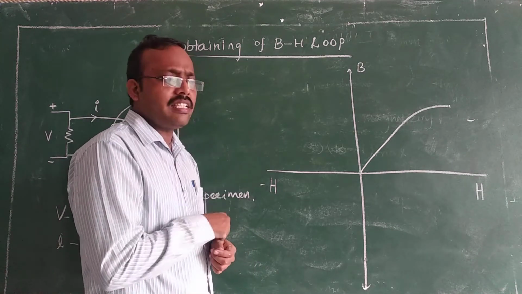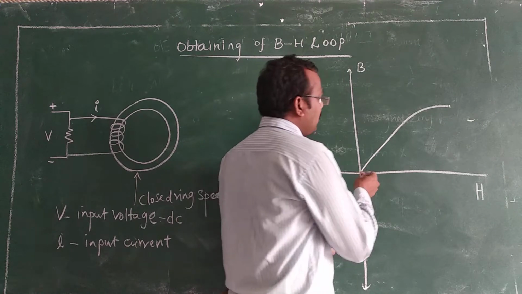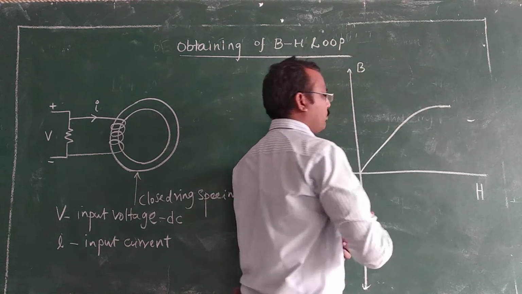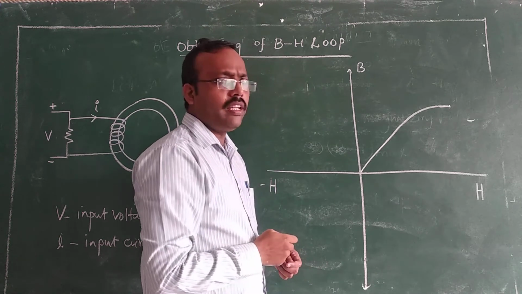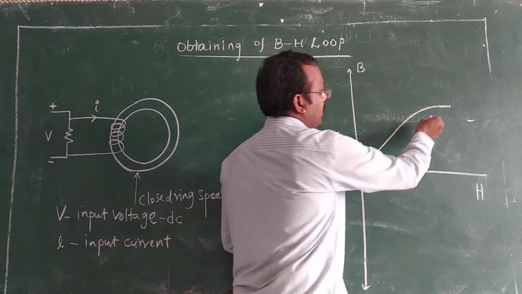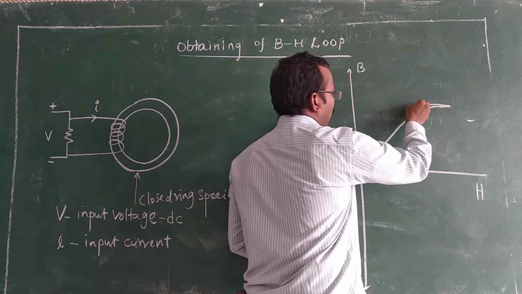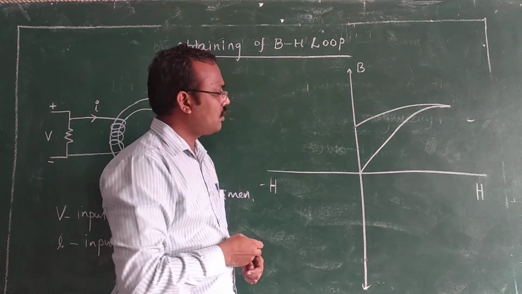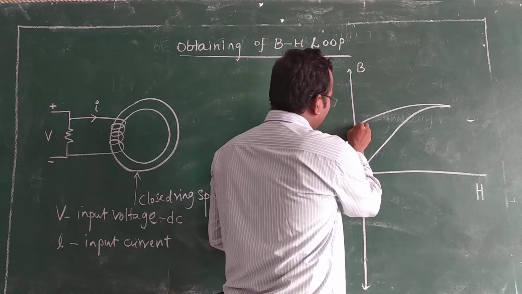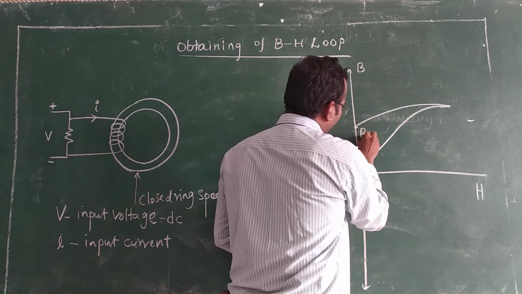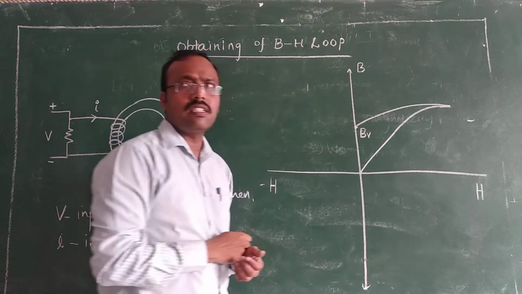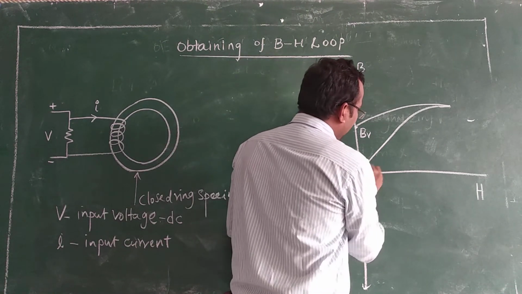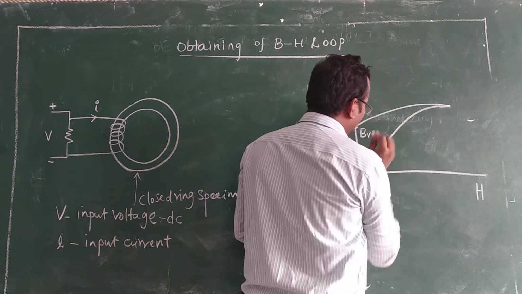In this instance, the flux density cannot follow the previous path. It follows some other path like this. This point is called Br. This is the direction of the magnetic flux.